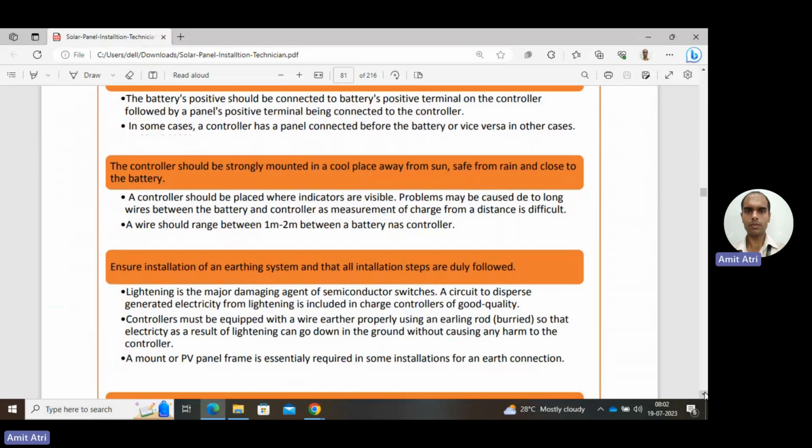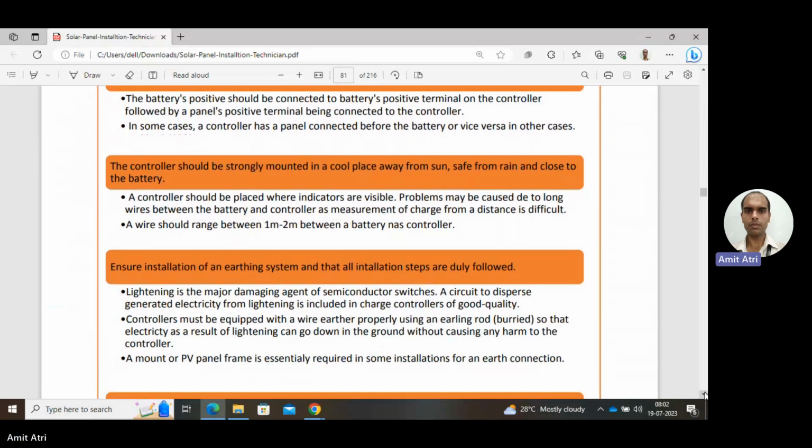Another precaution is to ensure installation of an earthing system and that all installation steps are duly followed. Lightning is a major damaging agent of semiconductor switches. A circuit to disperse electricity generated from lightning is included in a good quality charge controller.